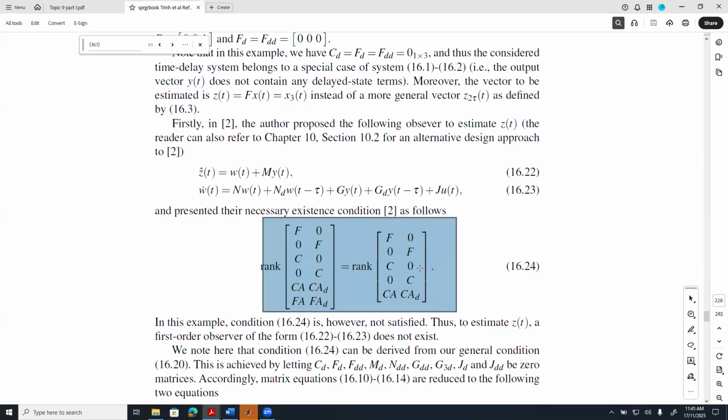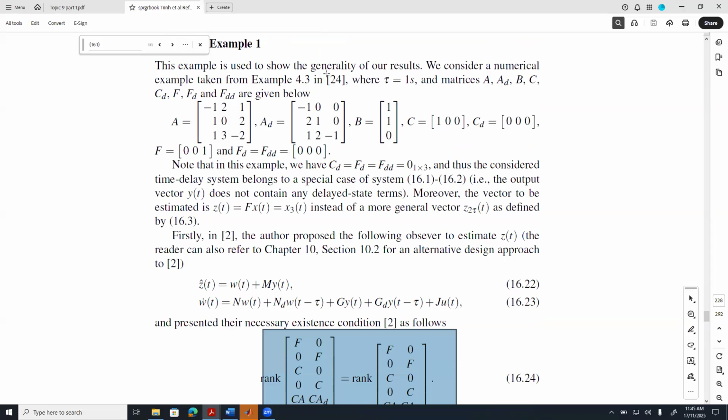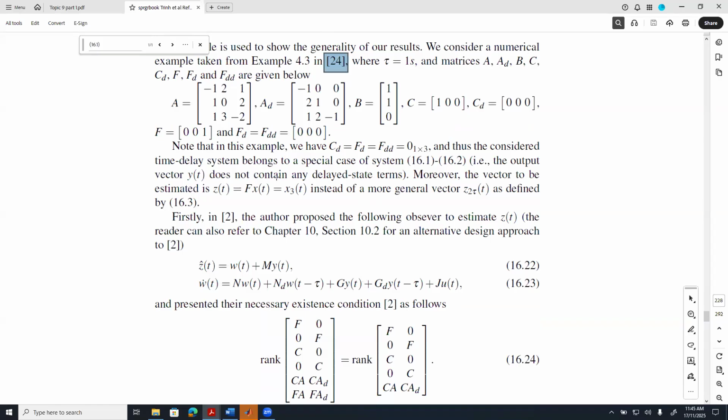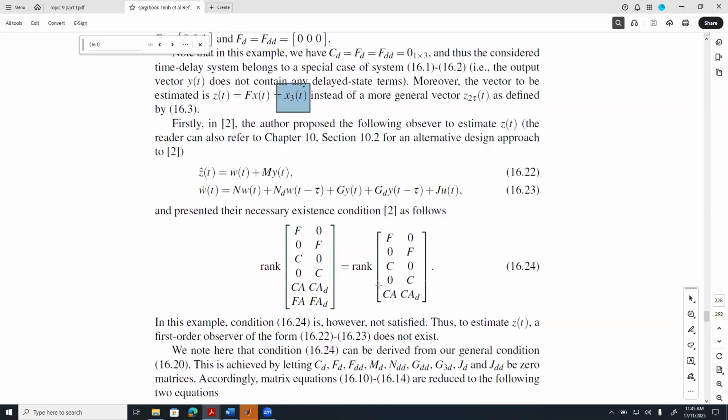And what is demonstrated in this example, in this reference, is that when it comes to the requirement to estimate this state variable, this existence condition is not satisfied. So what it implies is that this observer structure to estimate this state variable does not exist.